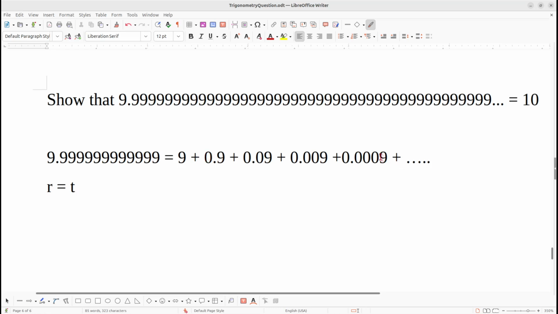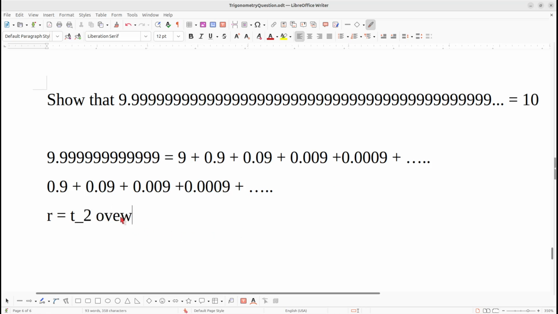Let's consider the sequence starting from 0.9. Our r is going to be term 2 over term 1.